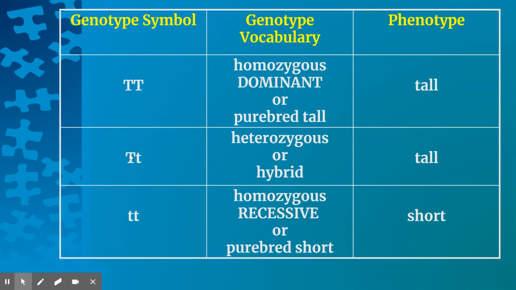Big T, little t, the tall allele. Remember, these are called alleles. The tall allele is going to mask the little lowercase one. The phenotype would also be tall. So heterozygous, tall, or we could say hybrid. And then little t would be the only way to have that short stem, homozygous recessive or purebred short.